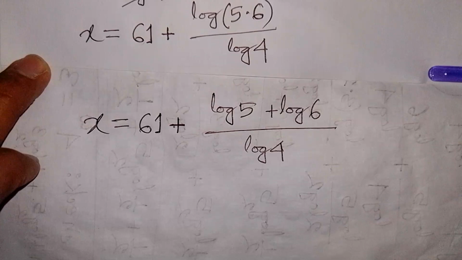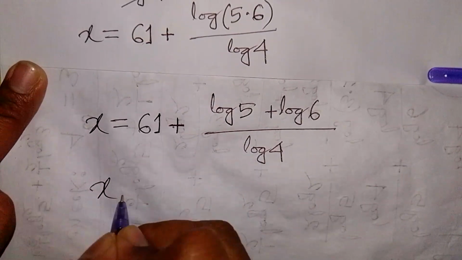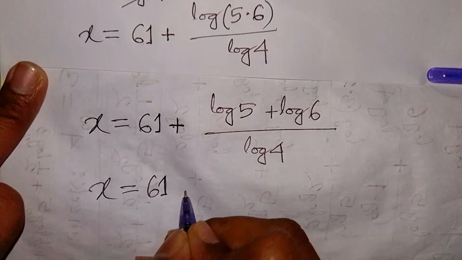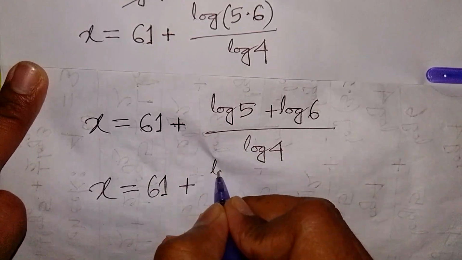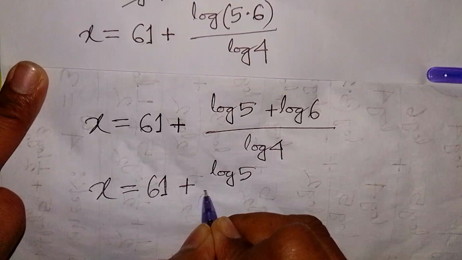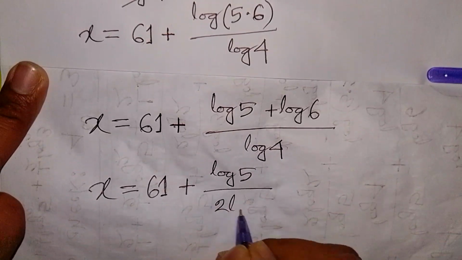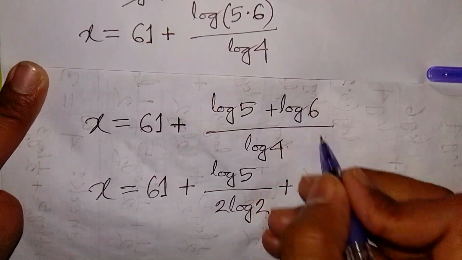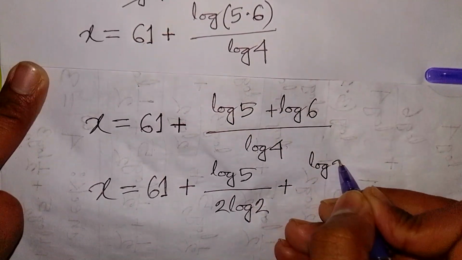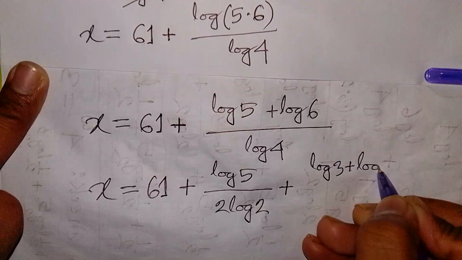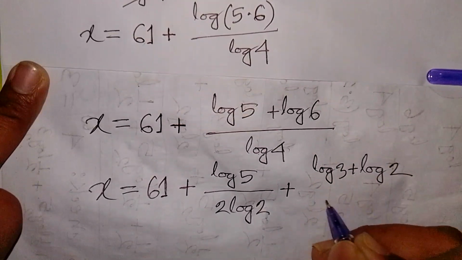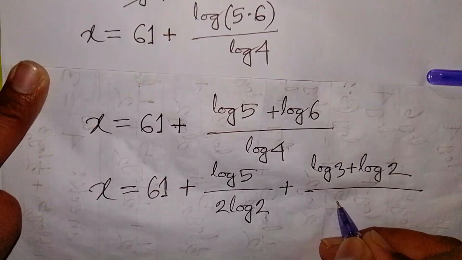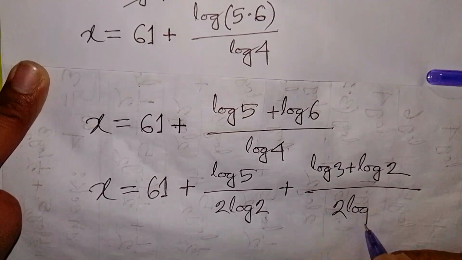Next step, x will be equal to 61 plus log 5 over log 4, plus log 6, which is the same as log 3 plus log 2, over this log 4. It can be written as 2 log 2.